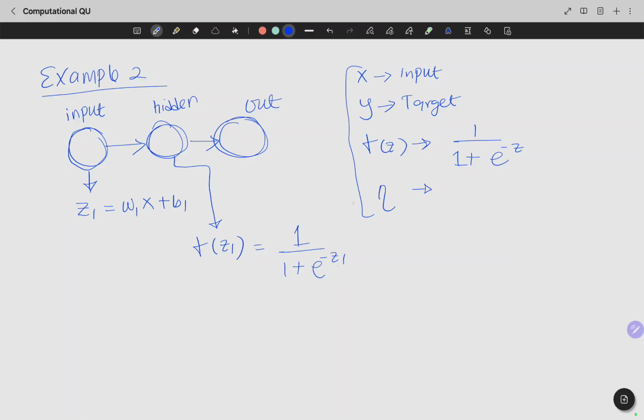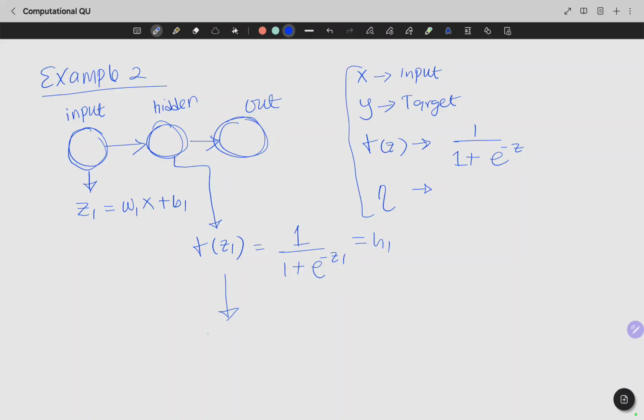This is the input to the hidden layer, and then this will now be used to make a prediction. You can also call this H1, because you have to give it a name.